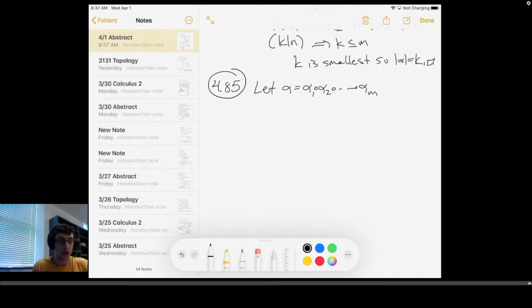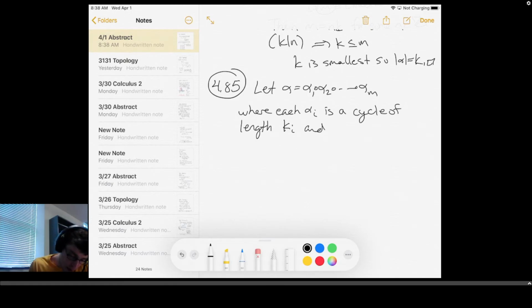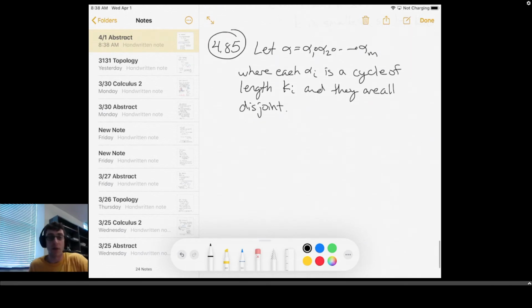So this is the composition of permutations, where each alpha i is a cycle of length k sub i, because they may be different lengths, so it depends on i, so you have to have a subscript there, and they are all disjoint. We've written it as some product of disjoint cycles, and we can always do this. This is always possible for any permutation, and that's why this is so useful. We're really getting the order of any permutation here.